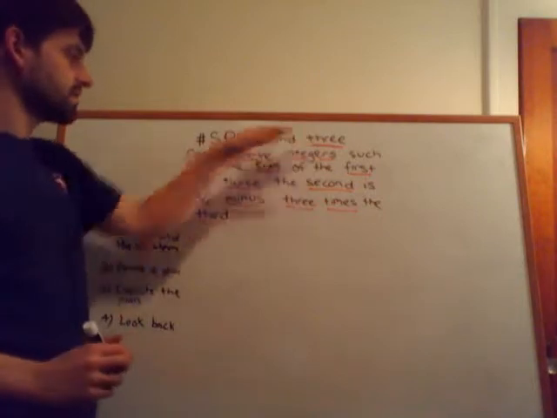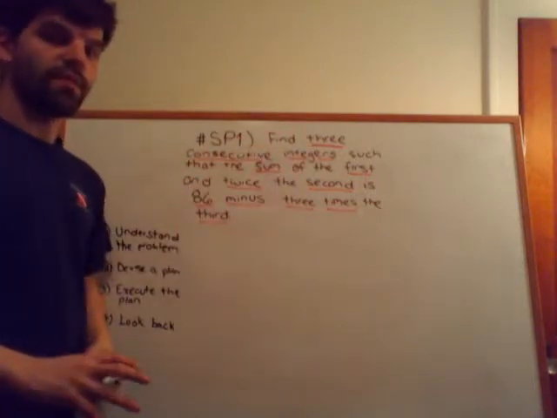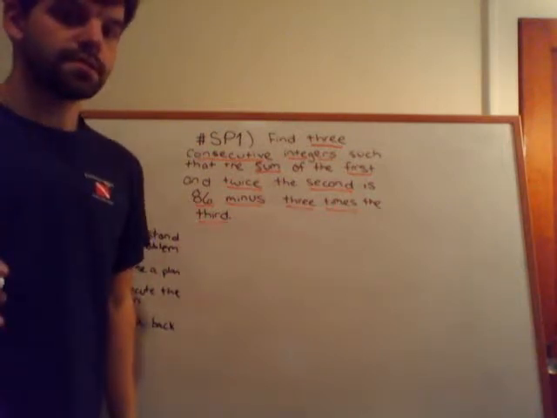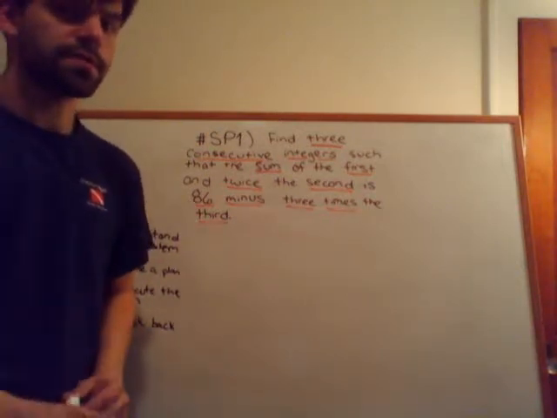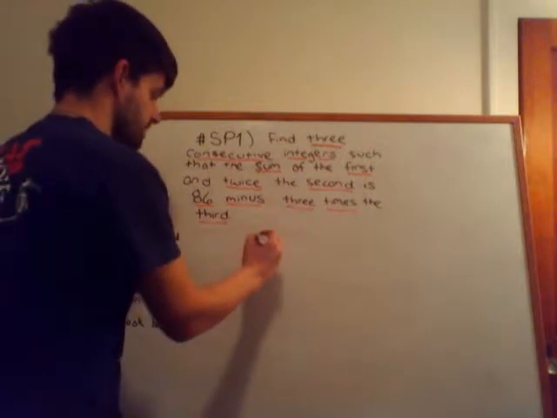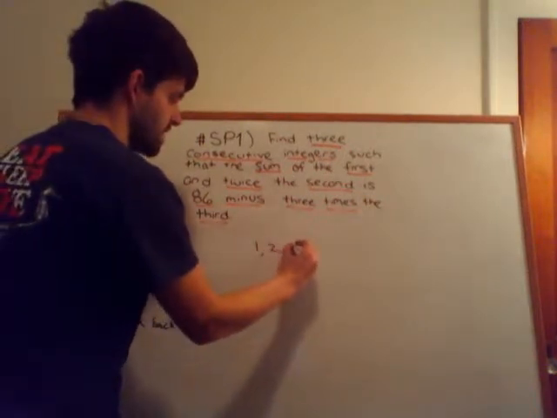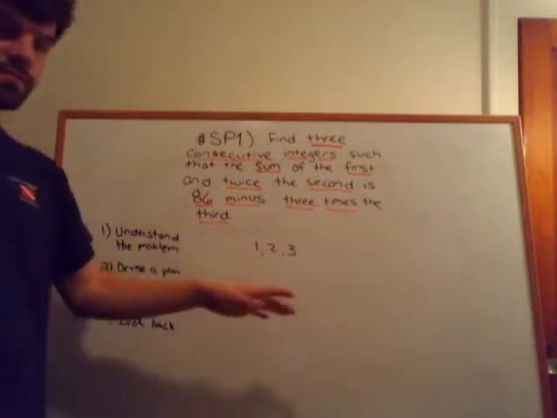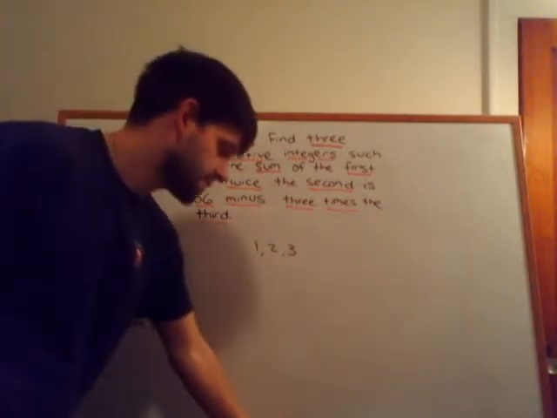So when it says to find three consecutive integers, basically what I'm going to be doing is finding three values that are directly next to each other. So when you think of consecutive integers, think of, for example, 1, 2, and 3. 1, 2, and 3 are consecutive integers. They are whole numbers that follow directly after each other.